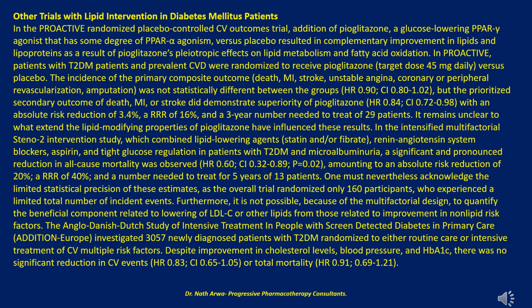We will now look at other trials with lipid intervention in diabetes mellitus patients. In the PROactive randomized placebo-controlled CV outcomes trial, addition of pioglitazone, a glucose-lowering PPAR gamma agonist that has some degree of PPAR alpha agonism, versus placebo resulted in complementary improvement in lipids and lipoproteins as a result of pioglitazone's pleiotropic effects on lipid metabolism and fatty acid oxidation.